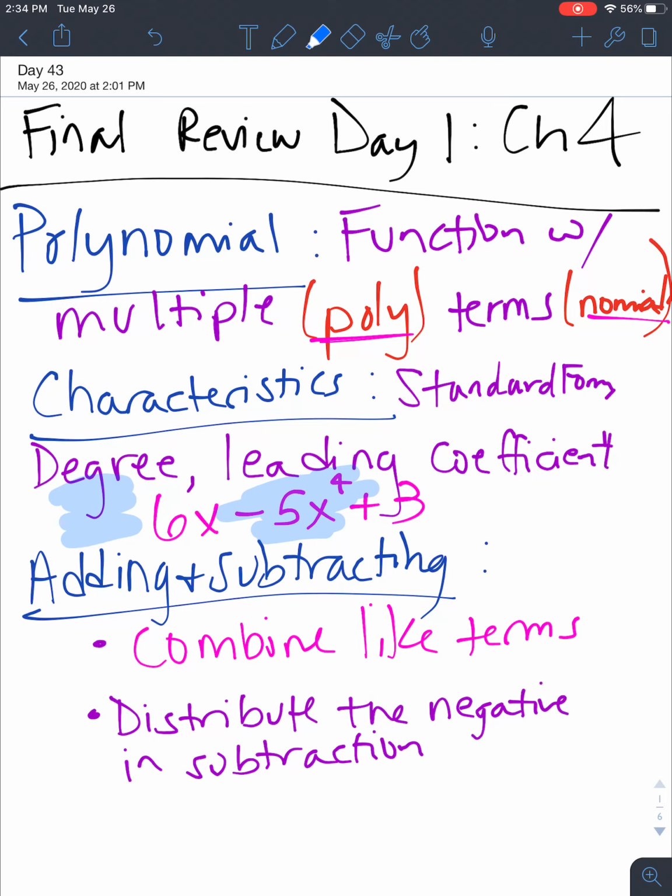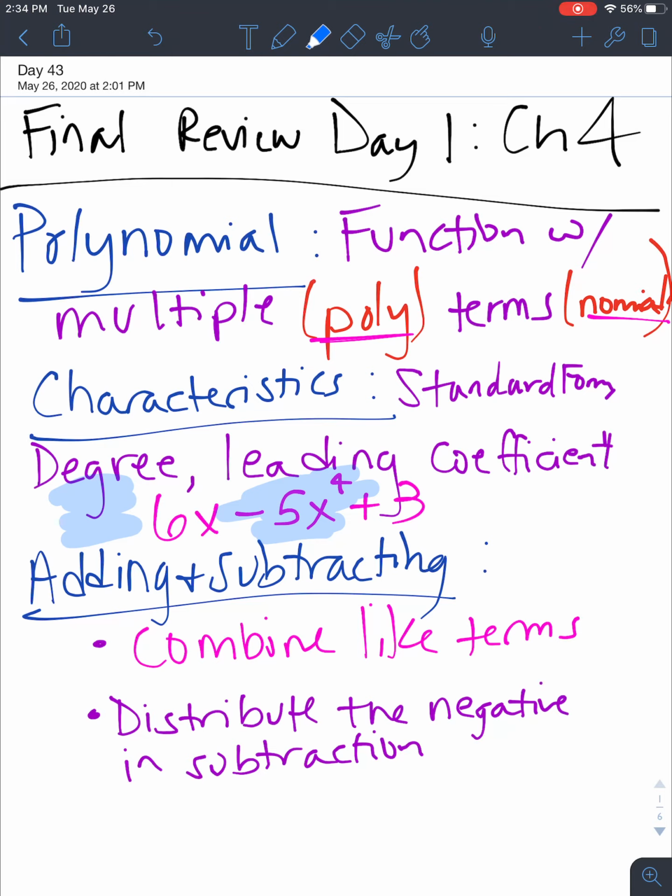Everything with smaller powers of x should follow sequentially. So if we have negative 5x to the fourth as our first term, we would have an x cubed as our second term if we had one, and then an x squared, and then an x, and so on. That's what standard form means: make sure you have it put in the right order.